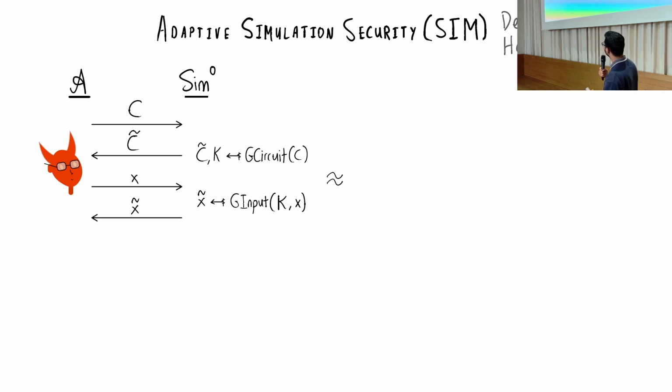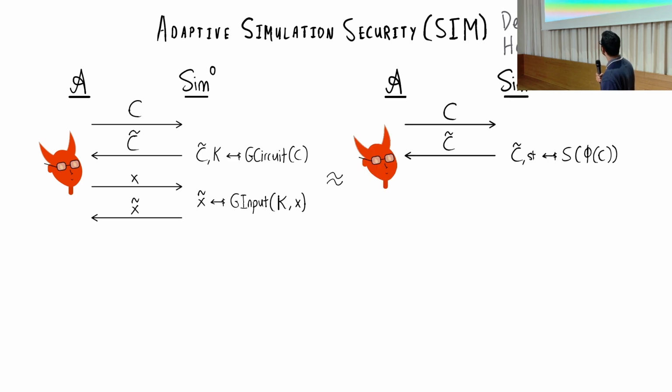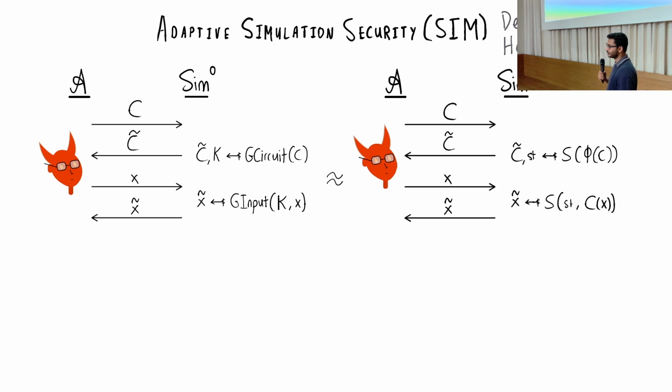So in the real game, of course, the adversary chooses the circuit first, gets the garbled circuit, and then later chooses X. And we say that this should be indistinguishable from an ideal game where an efficient simulator produces the garbled circuit only given the topology, that's what phi of C means, and then later, seeing the output of the circuit evaluated with X, it produces a garbled input.